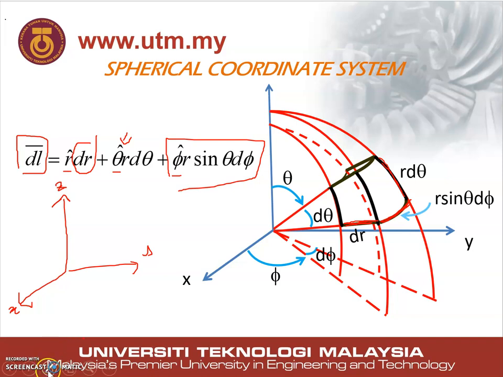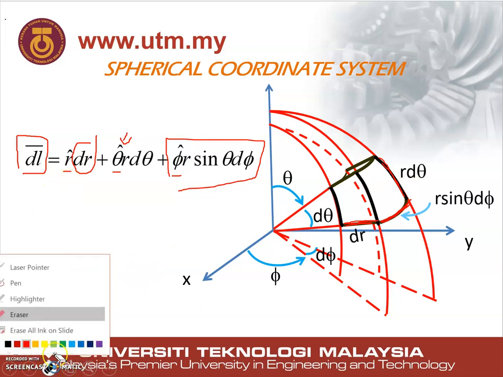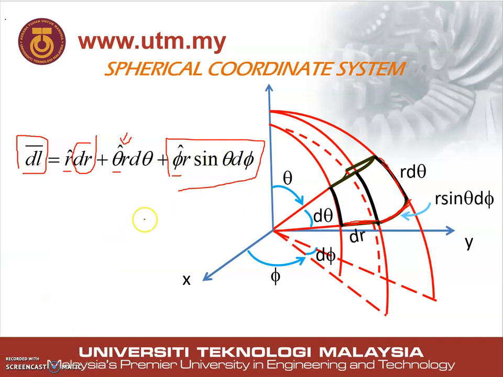So we erase this first. How are we going to obtain this one? First, let's say we have the x y z direction, then we have our theta.